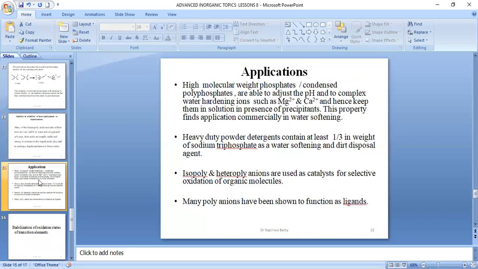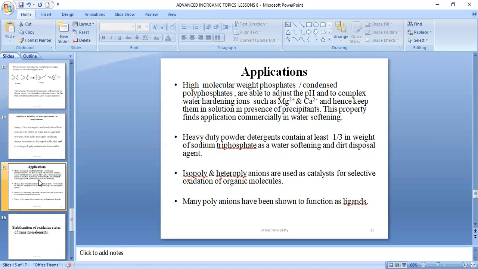Applications. High molecular weight phosphates or condensed phosphates are able to adjust the pH and to complex water hardening ions such as magnesium ions and calcium ions, and keep them in solution in the presence of a precipitant. This property finds application in water softening.